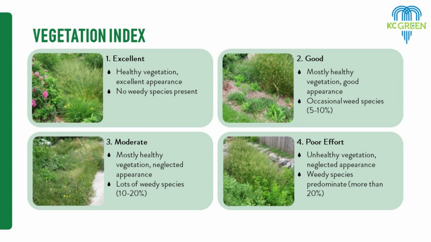Any dead or diseased vegetation that needs to be replaced will need to be handled under a different maintenance action. For the appearance index: excellent is healthy vegetation with no weed species present; good is mostly healthy vegetation with a few weeds; moderate is mostly healthy but kind of neglected, maybe needing some pruning to clean up the edges, with lots of weedy species; and poor is very unhealthy, full of weeds, and needs a lot of maintenance.